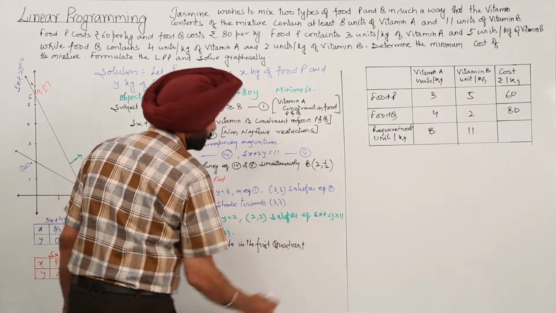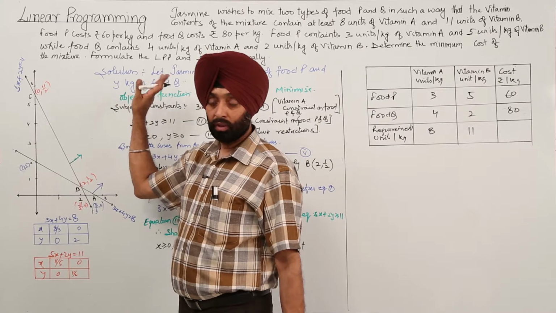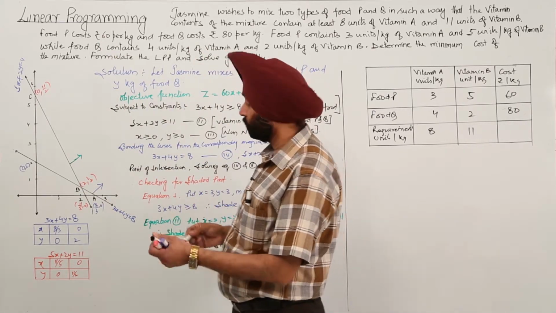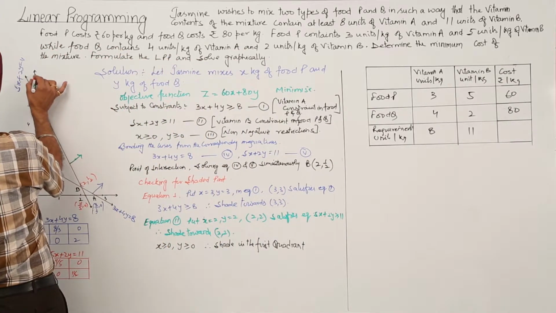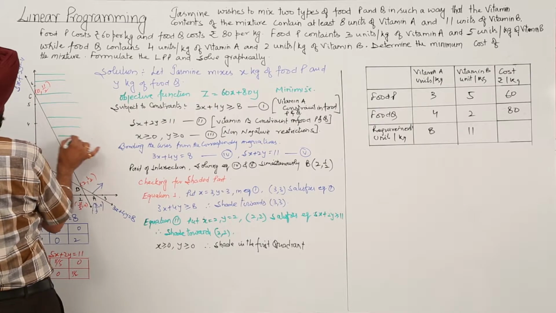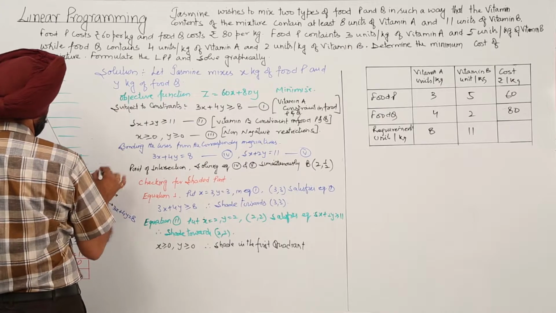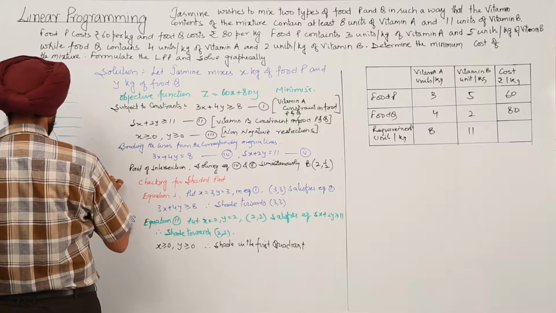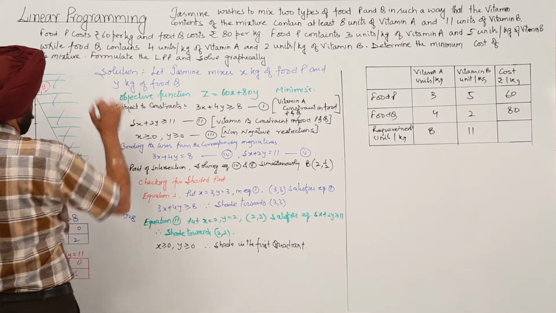Okay. Now x greater than 0 means this side, y greater than 0 means this side. So now with all these equations, the shading is like this. This is the shading part.